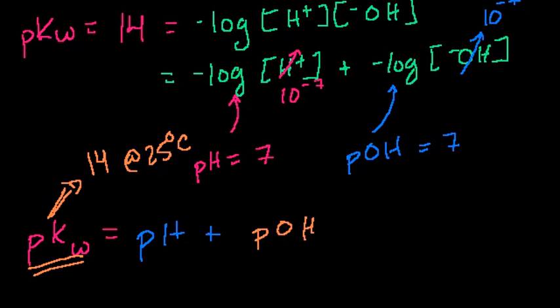So with all of that out of the way, let's think about what happens if I throw some acid into, let's say I have some hydrochloric acid. I'll use colors more creatively. So I have some hydrochloric acid. It's in an aqueous solution.